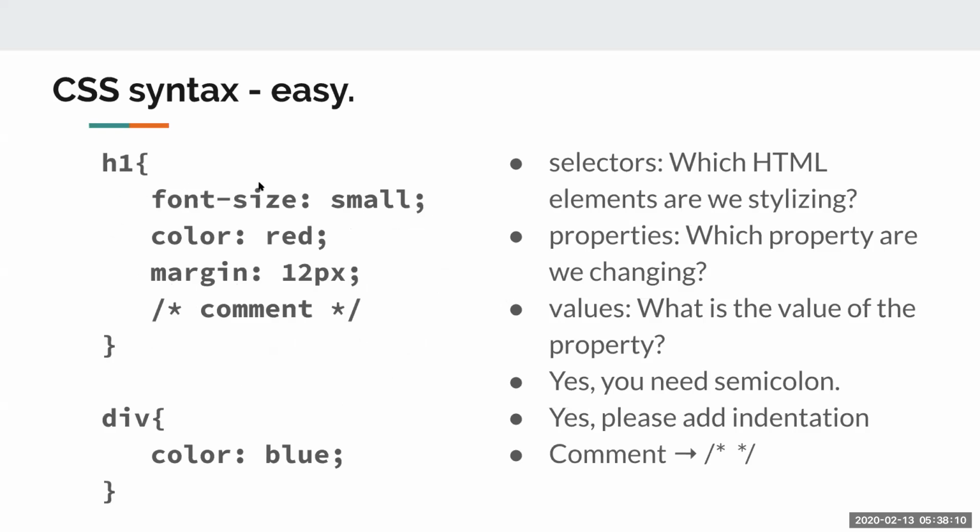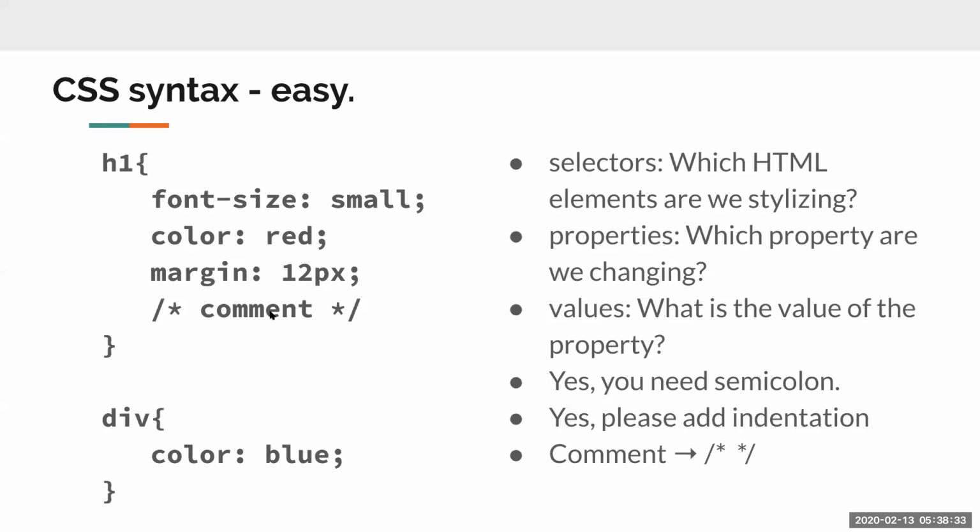In this example, it selects the H1 tag, which is the HTML tag that we learned. Then we set the font size to small, the font color to red, and the margin to 12 pixels.